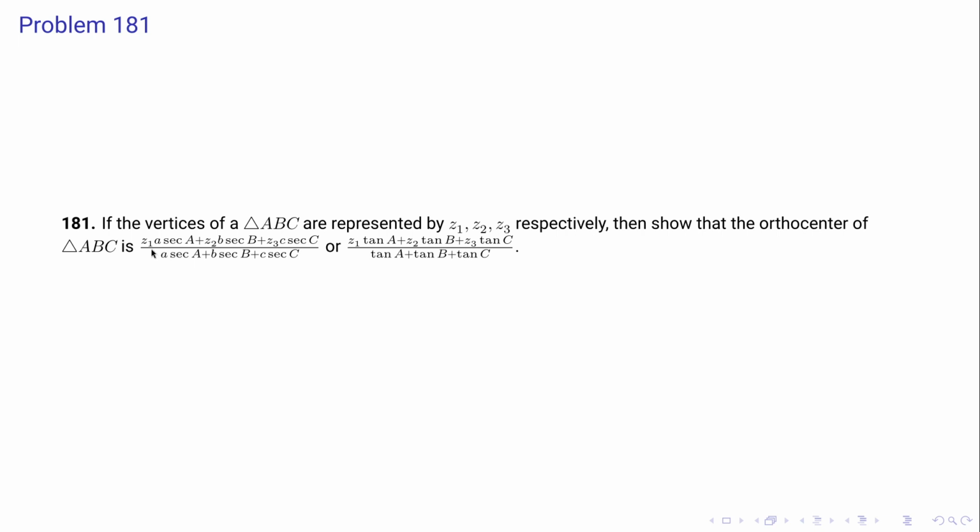The values are Z1 A sec A plus Z2 B sec B plus Z3 C sec C divided by A sec A plus B sec B plus C sec C. Or alternatively, we have to prove that this is equal to Z1 tan A plus Z2 tan B plus Z3 tan C by tan A plus tan B plus tan C.